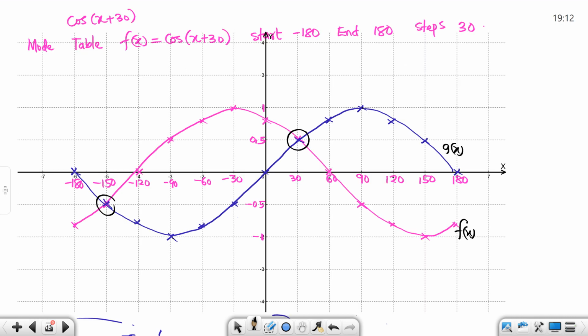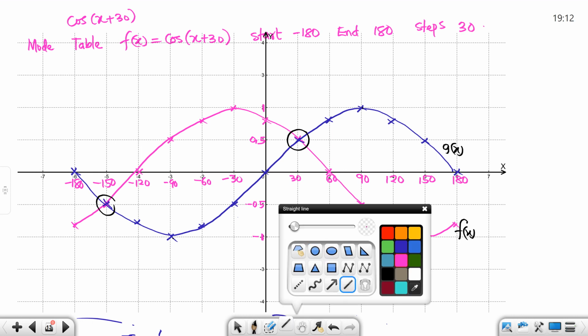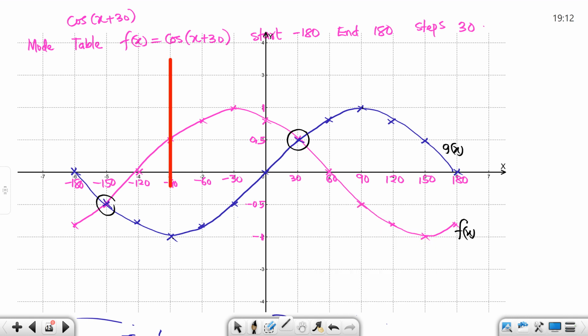Let's rule that out first. Our domain is negative 90 to positive 90. We're not looking anywhere else.